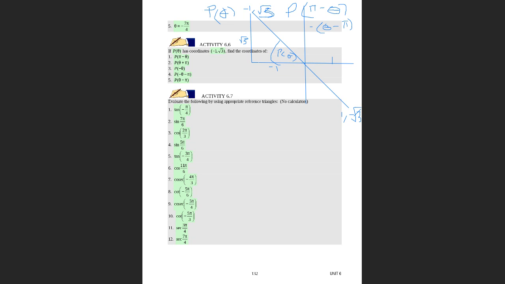Have you seen that? Because it has gone 180 degrees.